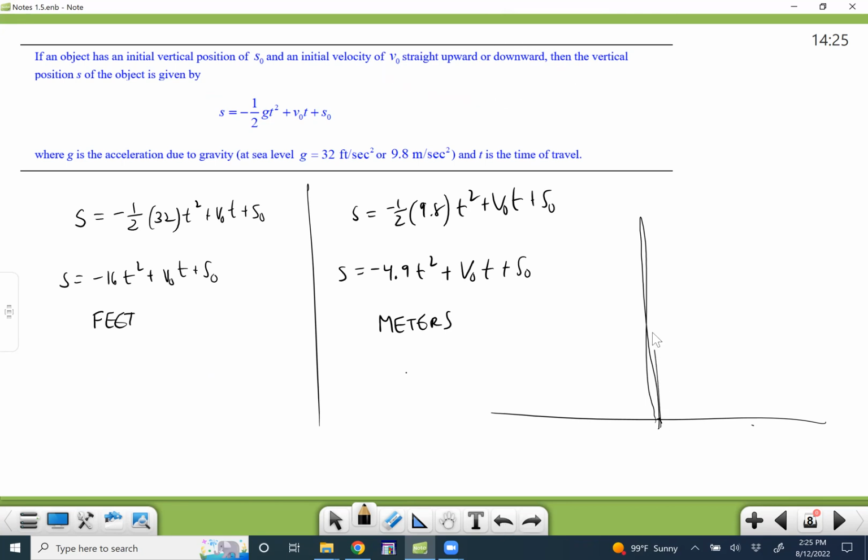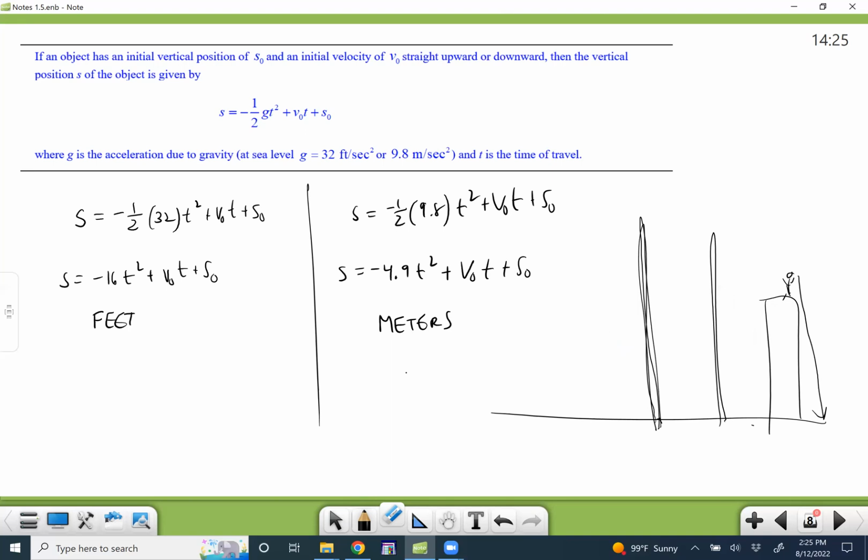So it just has to be some up and down movement. It doesn't have to be both the up and the down. Maybe we'll have a problem where we're on a building and there's a guy up here and he's just going to drop something down. But as long as it's straight up, straight down, straight up and down, whatever. We're not going to have any movement that's going to go sideways or be parabolic, right? Have a parabola shape.